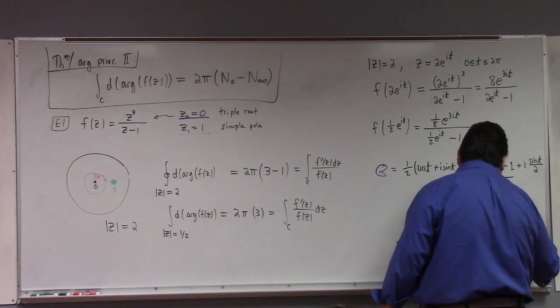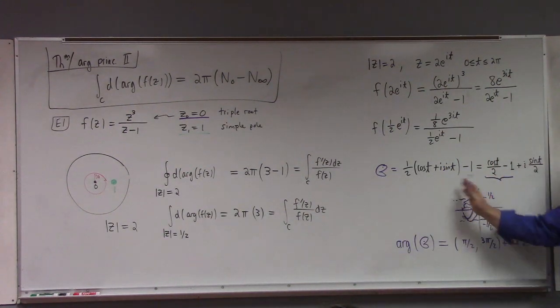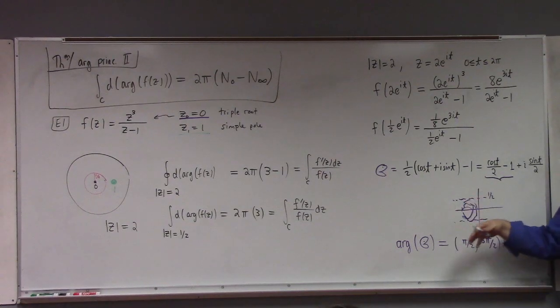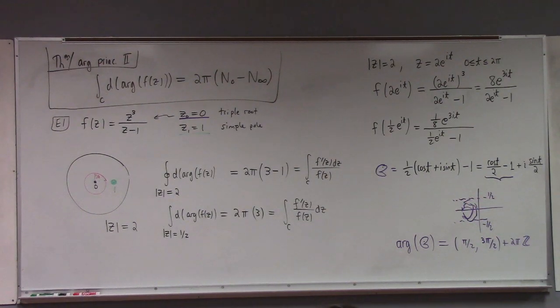All right, fine. My point is, it's over in quadrants 2 and 3, I think. So what's the argument of a quotient?